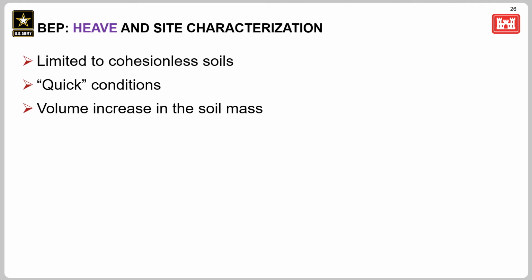A few things to think about when trying to identify whether BEP could occur as a result of heave: generally, heave is limited to cohesionless soils, and might be indicated in areas that have experienced quick conditions or where there's been a volume increase in the soil mass.